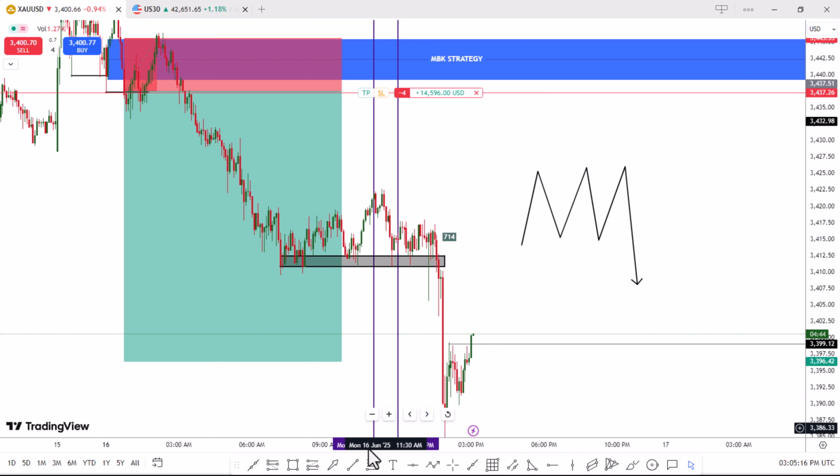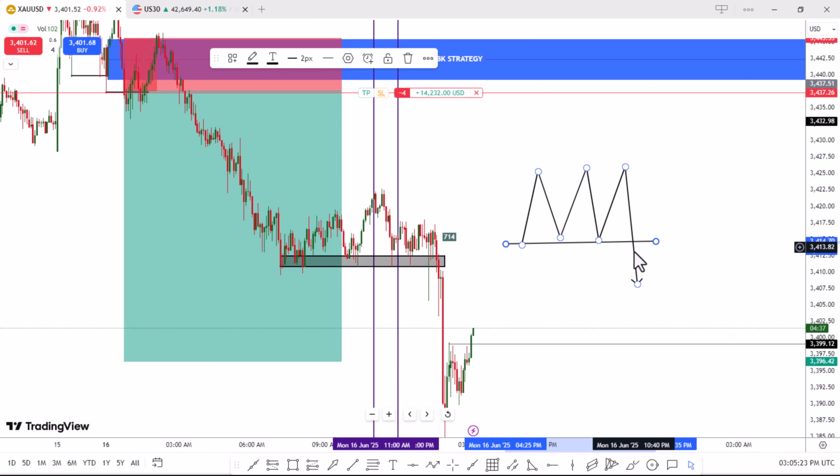So all you needed to do was execute your trade after this line right here is broken. Execute your trade below here, which is a sell trade, because you are using the reverse 714 method. You are going according to the trend. You are not going according to what the 714 method is telling you, because you know for sure that if you do that, you are going to lose, right?